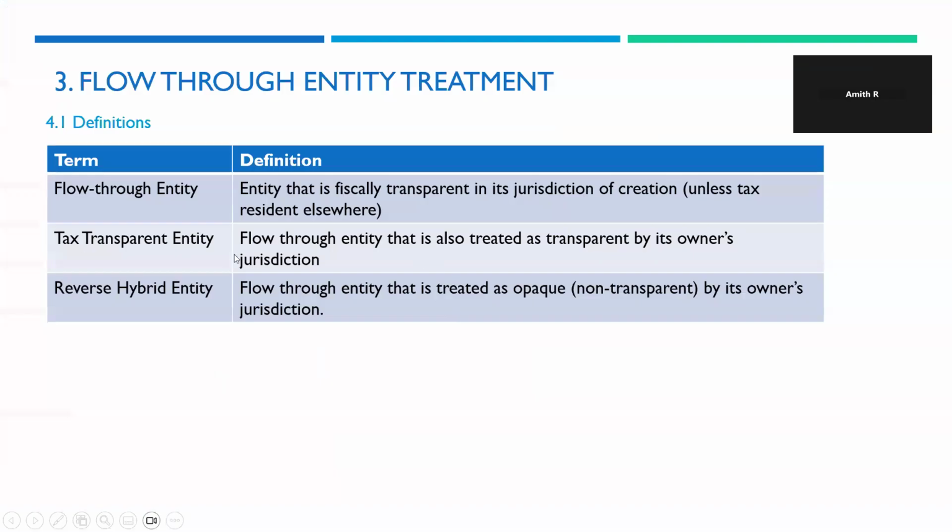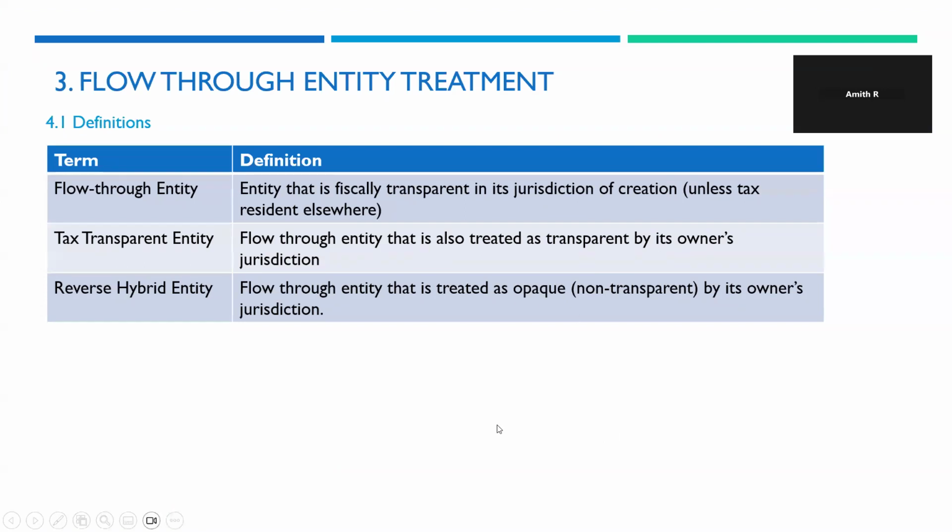So now we'll read tax transparent entity, flow through entity that is also treated as transparent by its owner's jurisdiction. That's called fully tax transparent. Here also, there also, it is transparent. Reverse hybrid is flow through entities that is treated as opaque by its owner's jurisdiction. Then it is a reverse hybrid entity. Okay. Or an opaque entity, non-transparent. Are you understanding what I'm trying to say?